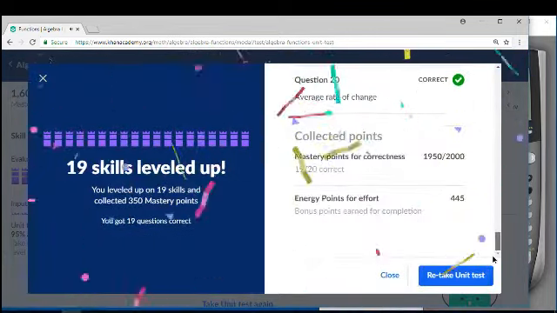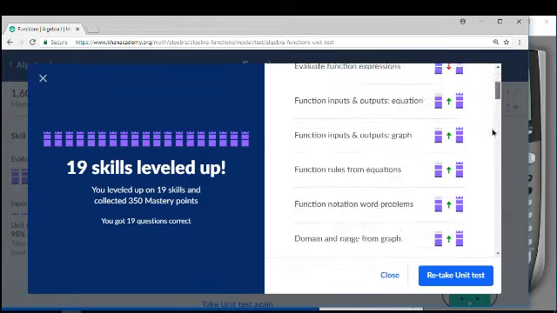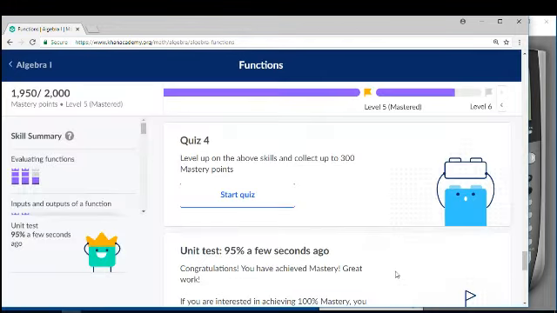All right, so we got everything correct, one thing incorrect. So even though I got one incorrect, that gets me to level 5 mastered. All right.